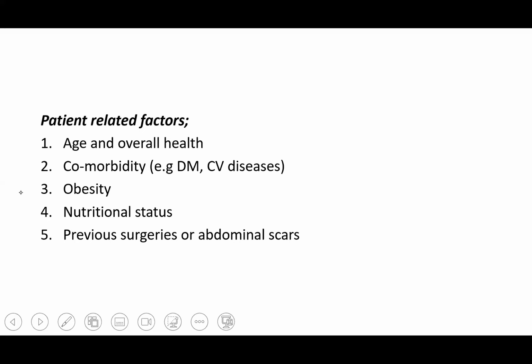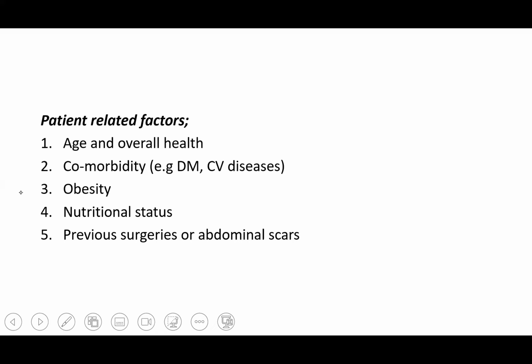You might insert a port you think is in the right iliac fossa, but of course, it's just a flap of fat that is dangling down, and you are passing the instrument. You just realize that you are somewhere either in the groin or somewhere in the hypochondrial region. So even the instruments that are used for obese patients are longer. Okay, so this actually determines the outcome. Then nutritional status of patients.